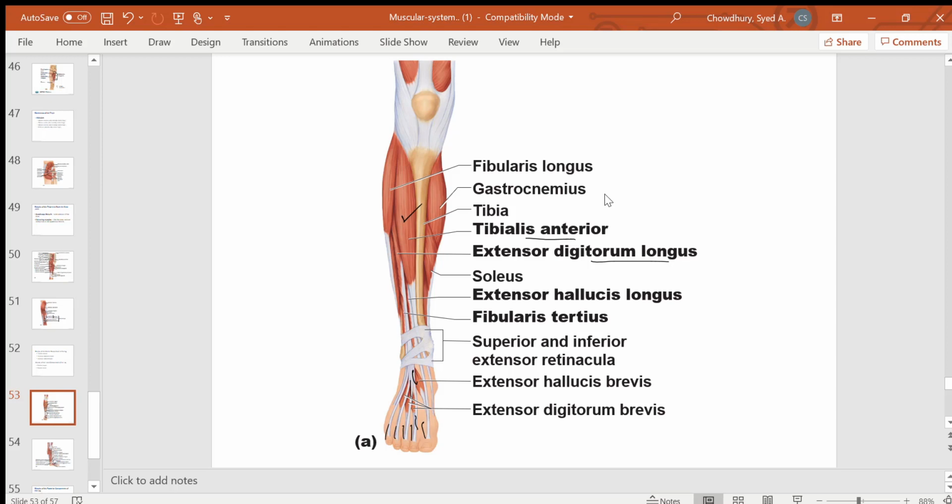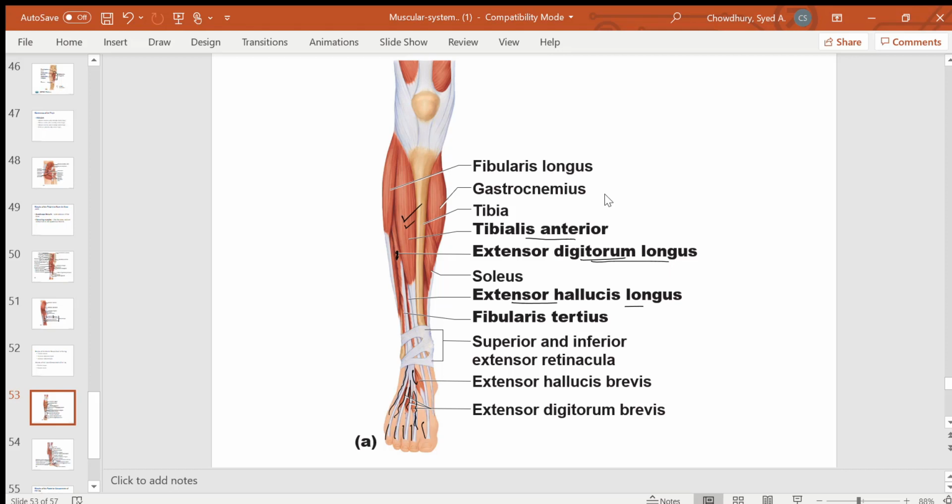So anyway, here is tibialis anterior in the front of the tibia, and this one is extensor digitorum. That means the tendons at the lower end will go to the digits. You can see here they are going to the digits and will pull towards it. That means they cause the extension. Extensor hallucis longus.